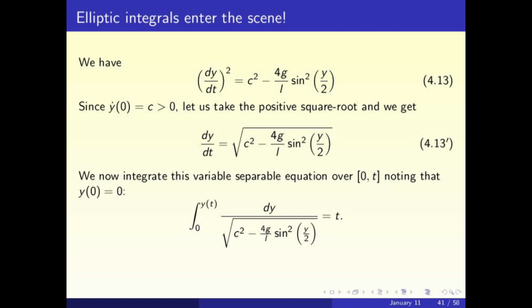So, what do we get? We would get integral 0 to y dy by square root of c squared minus 4g by L sine squared y by 2 equals t. Now, we put sine y by 2 equals u.